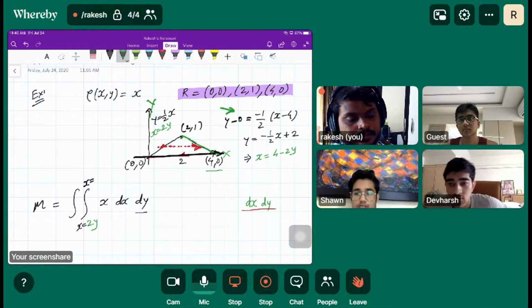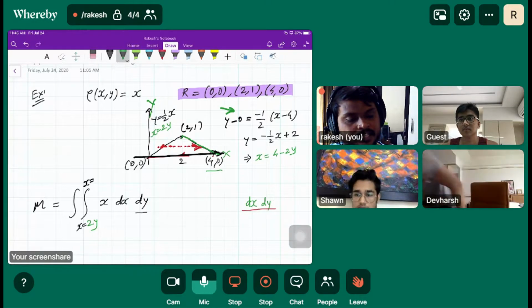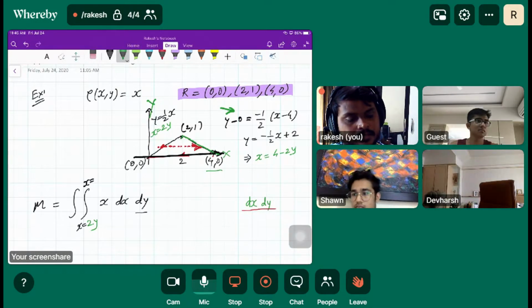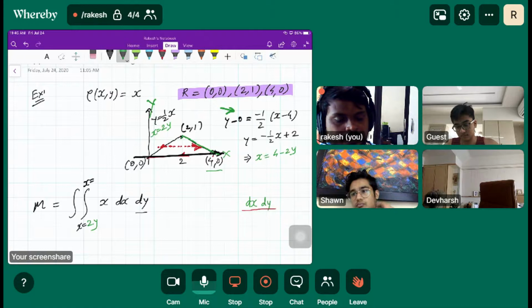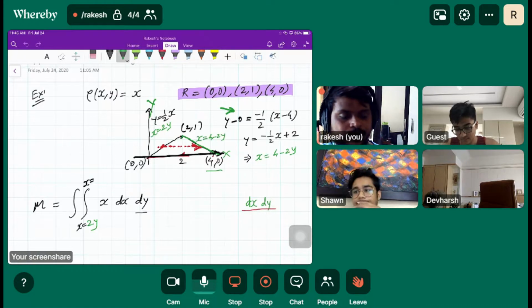So 2y equals 4 minus x, which gives x equal to 4 minus 2y. It's right. Okay, so our upper limit is x equal to 4 minus 2y.